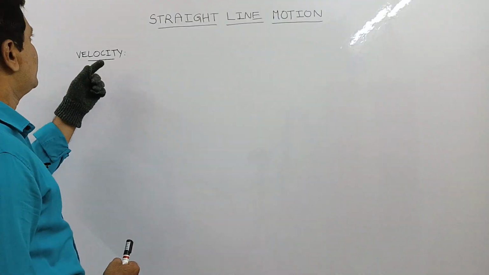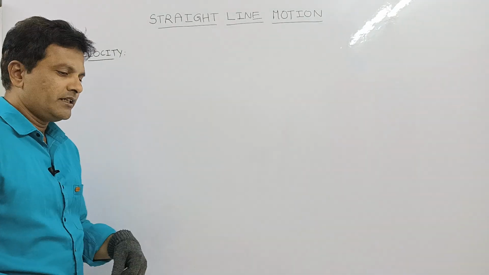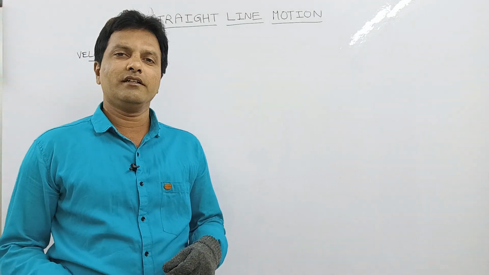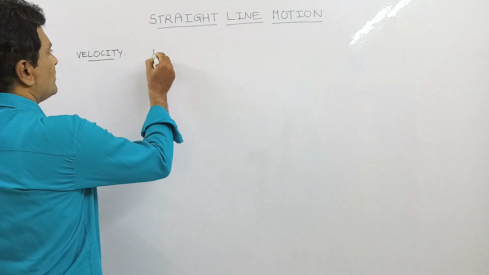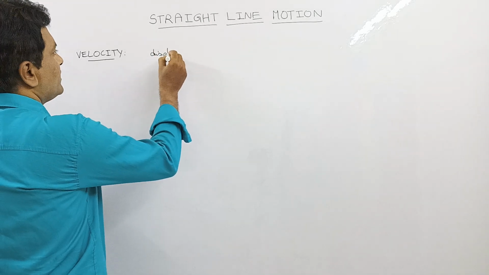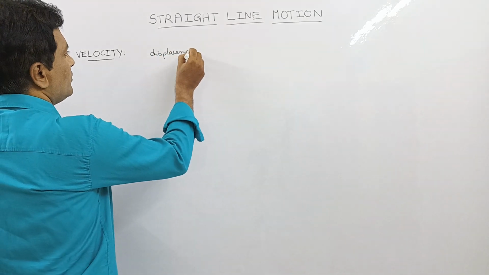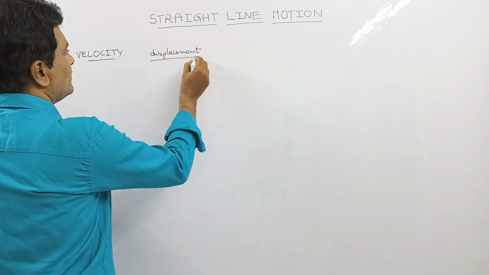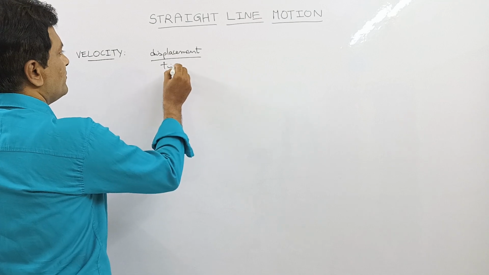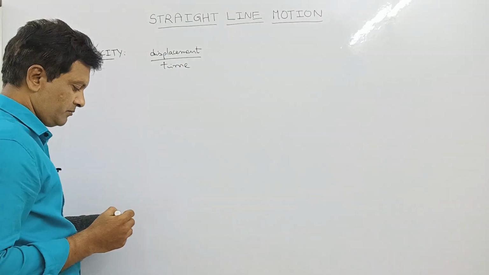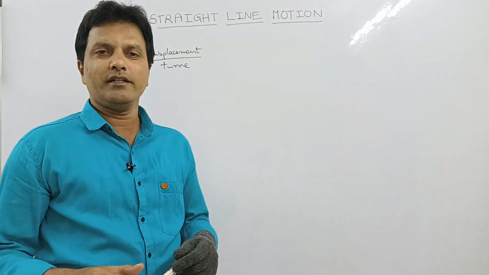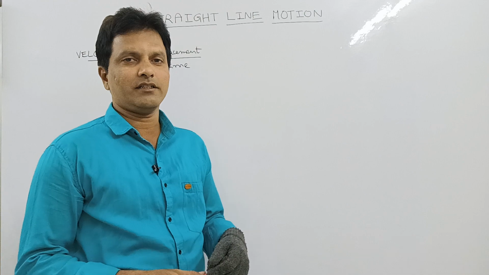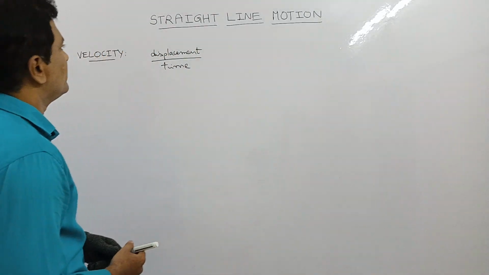Here, velocity is displacement covered in unit time. So we can write velocity is equal to displacement by time. Now what is displacement? The shortest possible distance between the initial and final points of a moving object is called displacement.